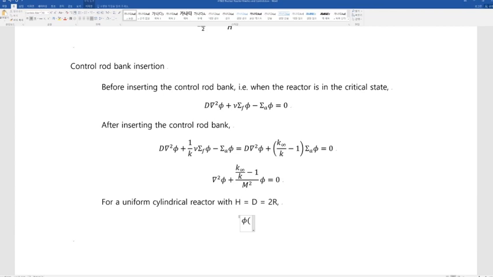So neutron flux will only depend on the radial direction and axial direction.